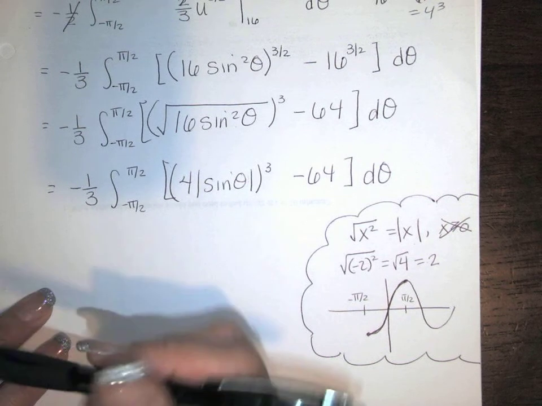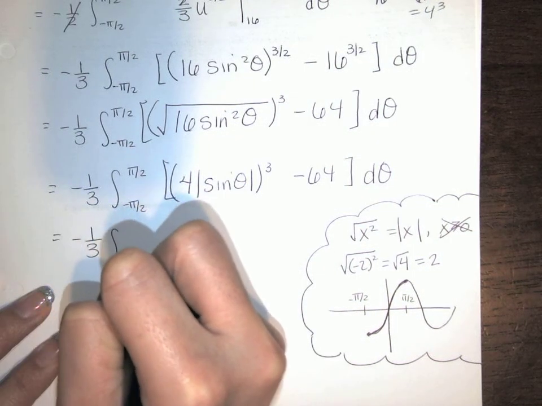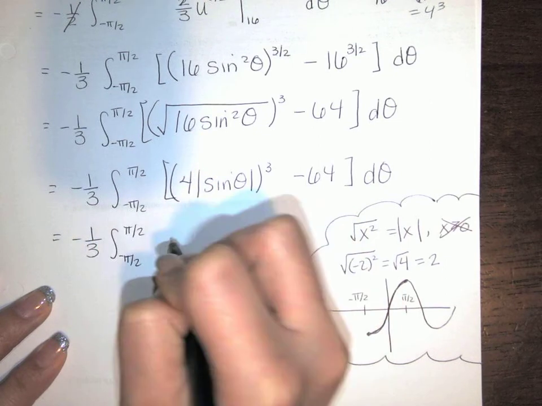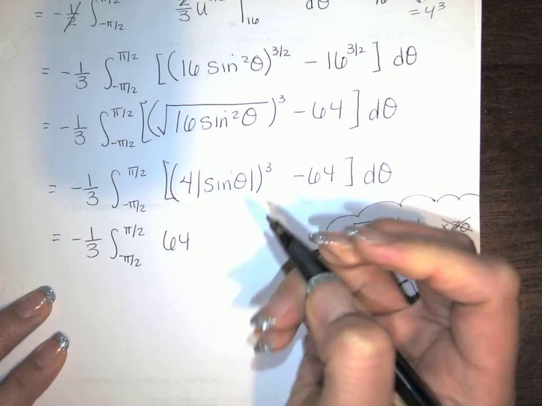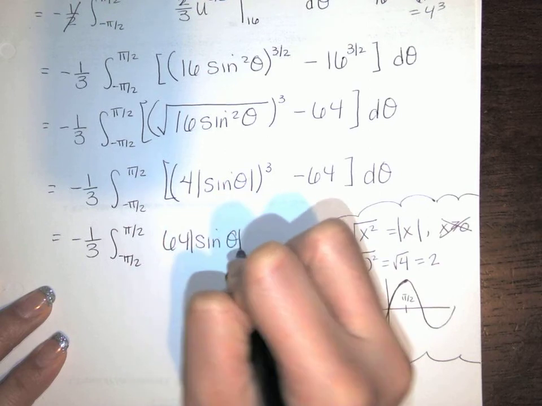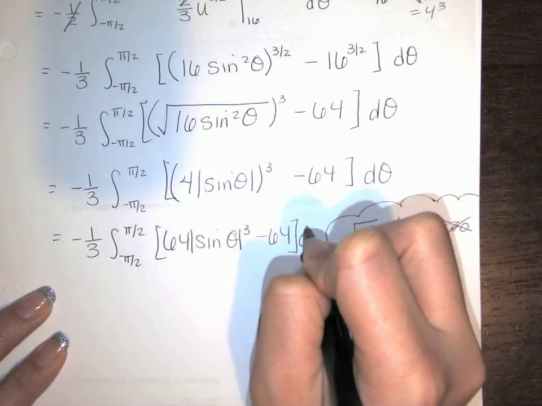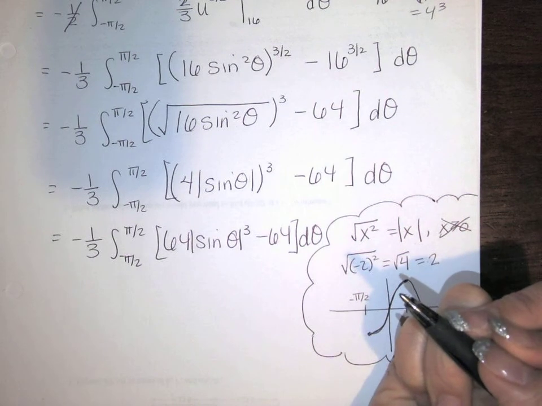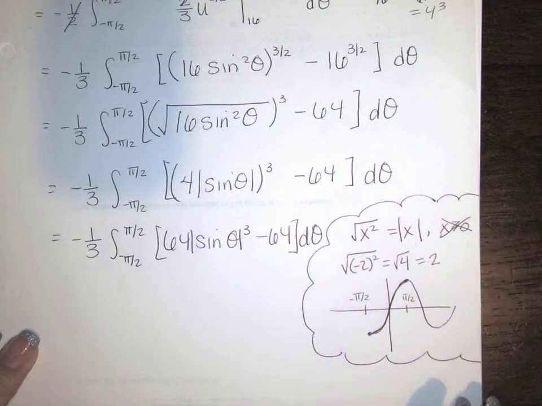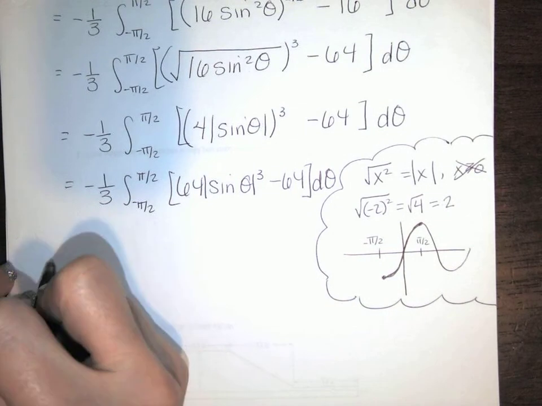Okay, so now we're going to cube this. And so we get 64 times the absolute value of sine of theta cubed minus 64, and we're integrating with respect to theta. Okay, now we can split this into two pieces.